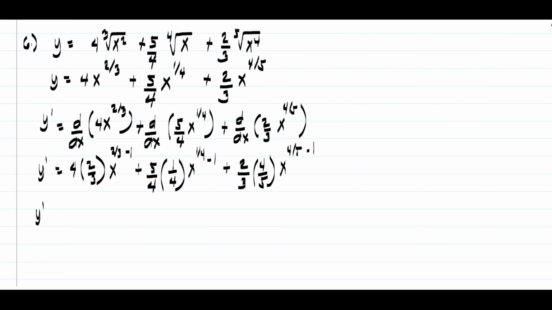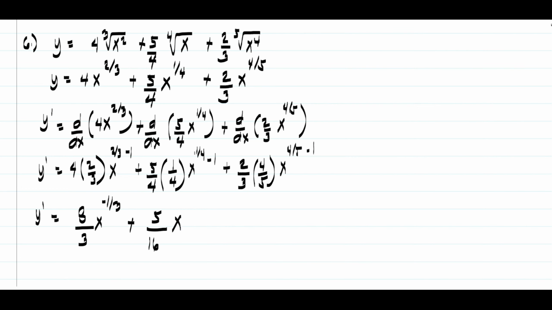So we have y prime equals 4 times 2 is 8 over 3 x raised to 2 thirds minus 1, that is negative 1 over 3, or 2 minus 3 is negative 1. And then we have 5 times 1 is 5 over 4 times 4 is 16.